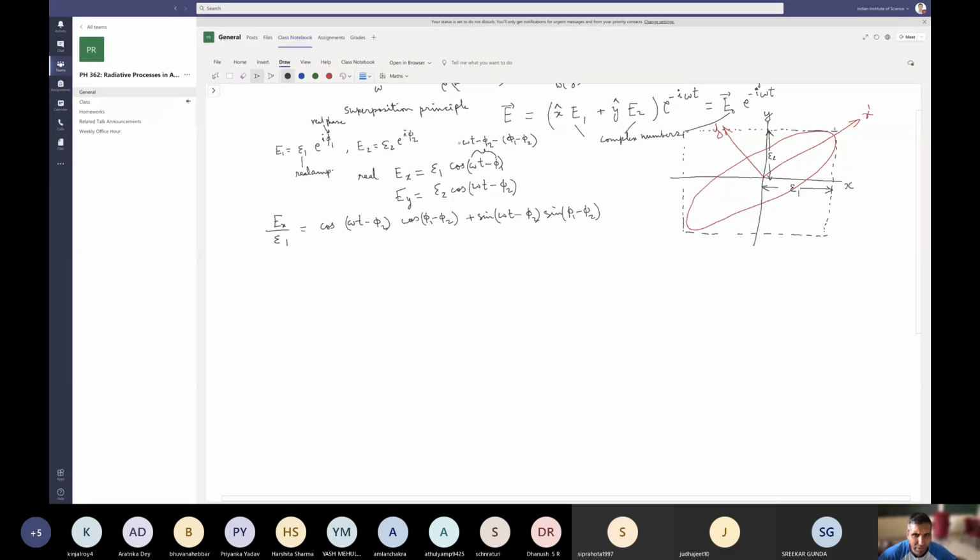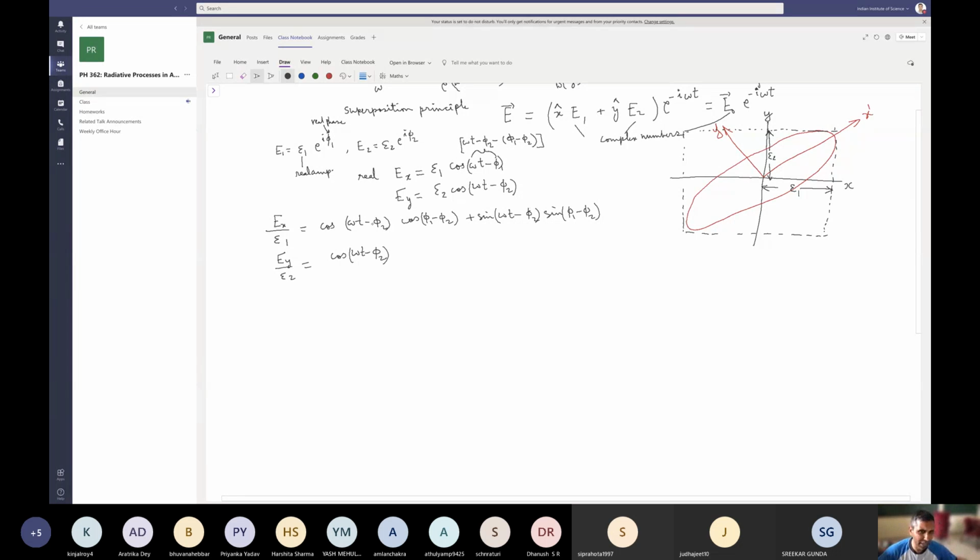I wrote this phase factor like this, and I just expanded cos A minus B is equal to cos A cos B plus sin A sin B. Okay, so this is how I get this one, and of course we know that Ey by epsilon 2 is equal to cos omega t minus phi 2.